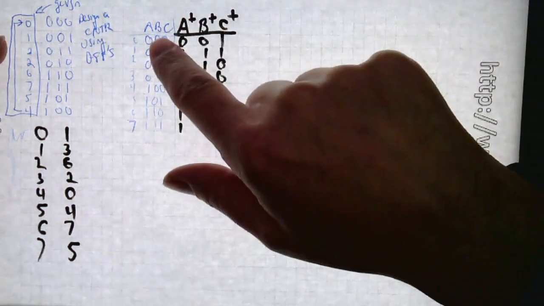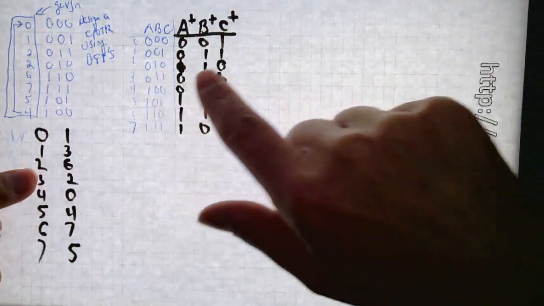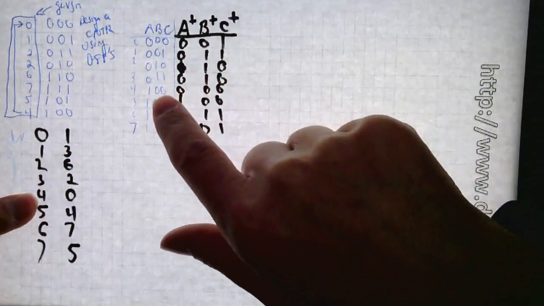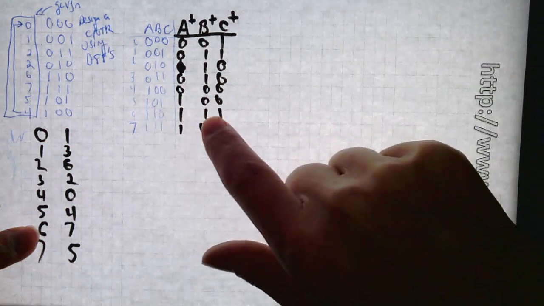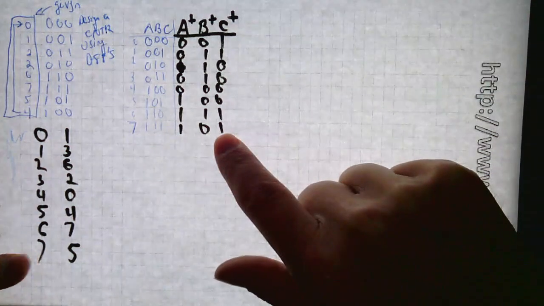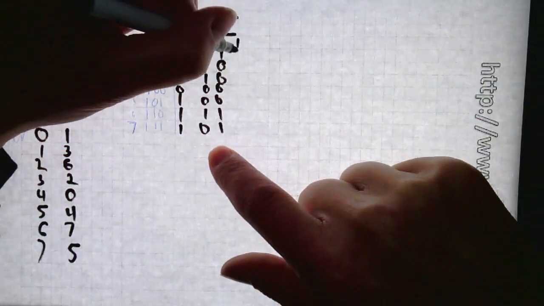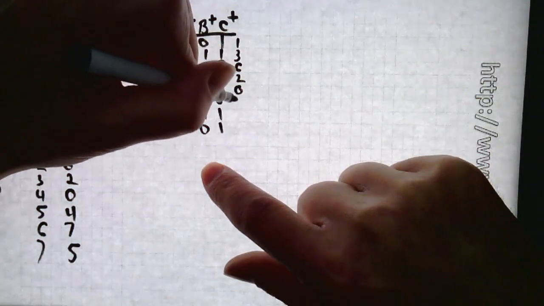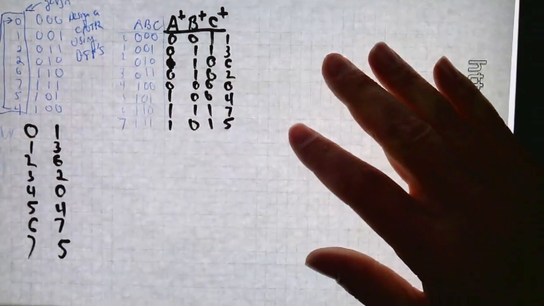So it should say 0, 1, 1, 3, 2, 6, 3, 2, 4, 0, 5, 4, 6, 7, 7, 5. So the next state column should say 1, 3, 6, 2, 0, 4, 7, 5. I gotta say, this is too thick a marker for me. So I think I got it right.